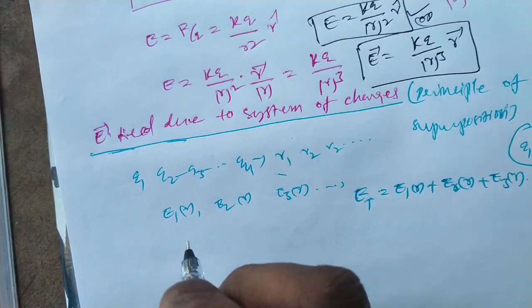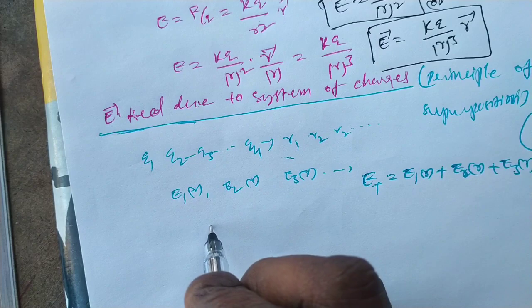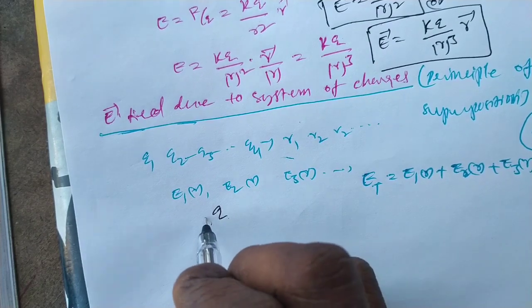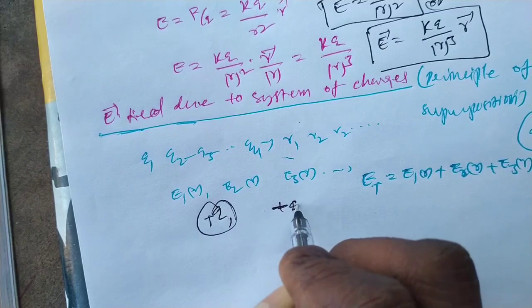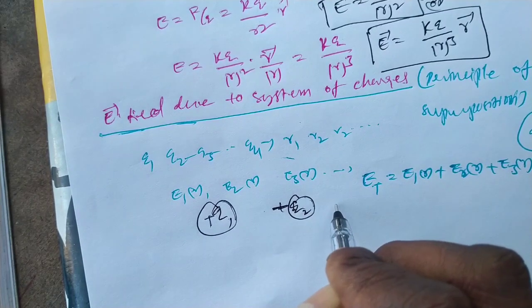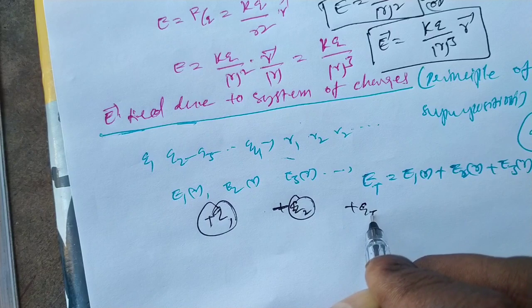Or in a diagram, there is a plus Q1 charge, a minus Q2 charge, and a plus Q3 charge.